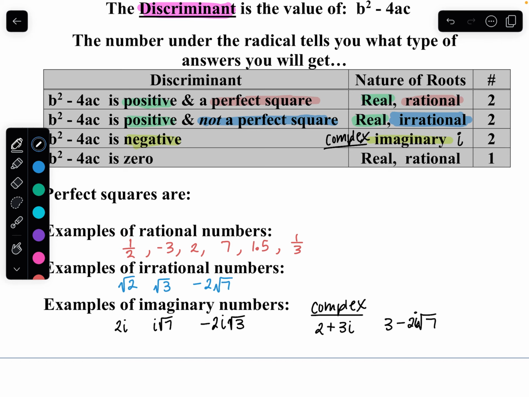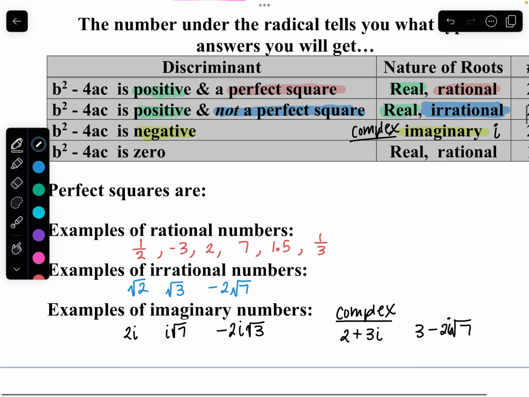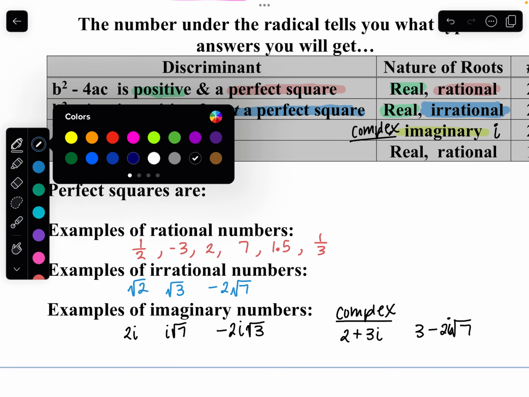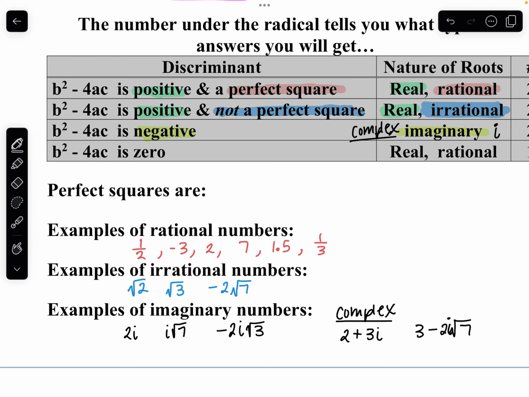For perfect squares, it's a good idea to have them memorized: 1, 4, 9, 16, 25, 36, 49, 64, 81, 100, 121, 144.